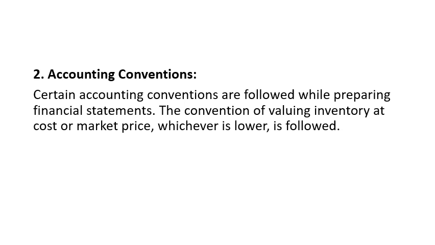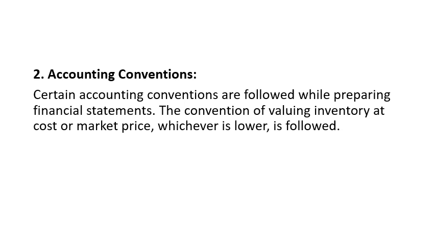For example, in your business, everything which you are going to exhibit in these financial statements is based on certain accounting conventions. One example is given here: all inventories are valued at cost price or market price, whichever is less.